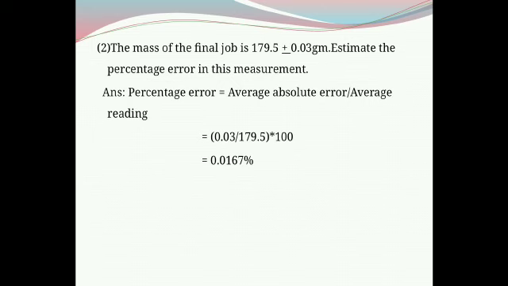Therefore, to find the percentage error, the formula is average absolute error upon average reading, multiplied by 100. Here the average absolute error is 0.03 gram and the average reading is 179.5. Therefore we get 0.03 divided by 179.5 into 100. The final answer is 0.0167 percent.